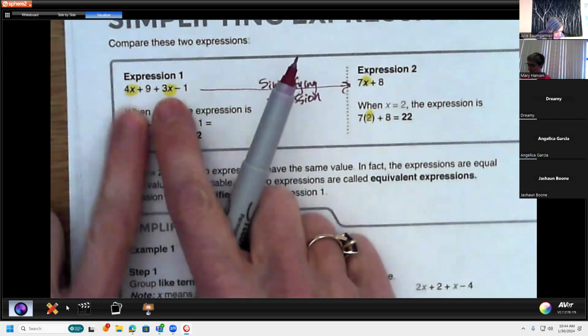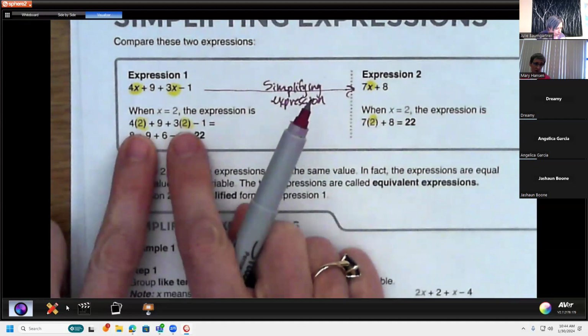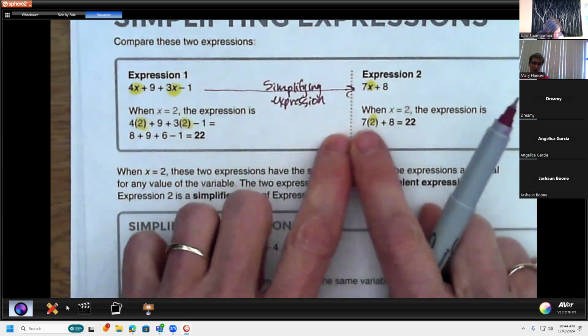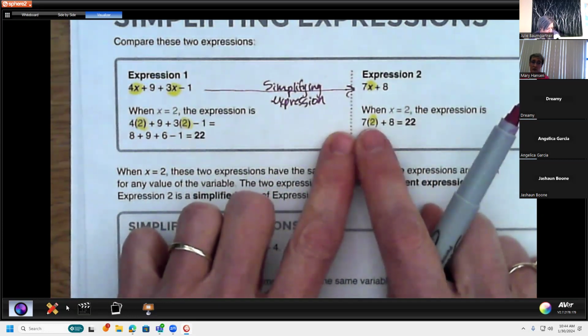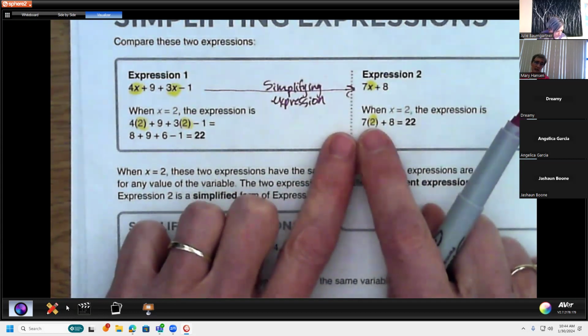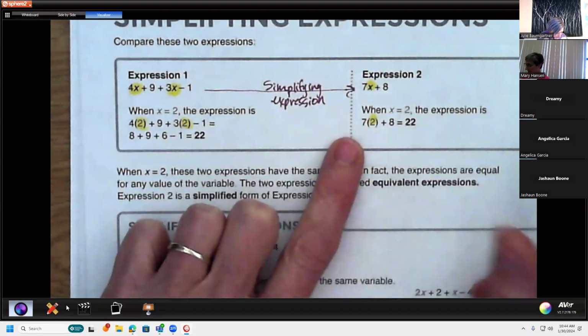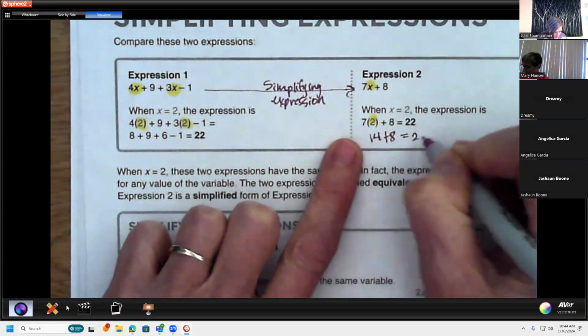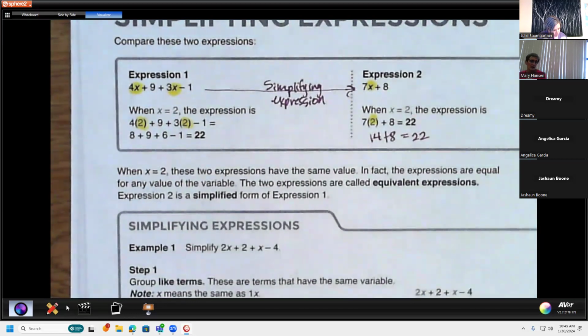Here I had an x here and an x here that I had to substitute 2's in. Here I have this x, I put in the 2. I have 7 times 2. I do that before I add. 7 times 2 is 14, and 14 plus 8 is 22. The same answer.